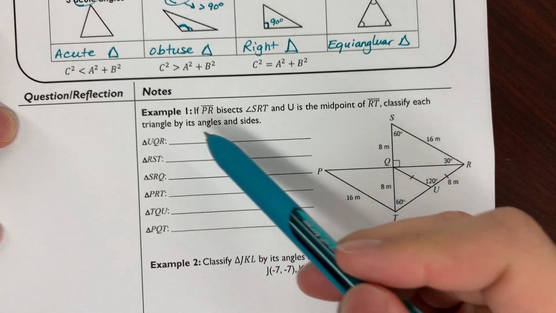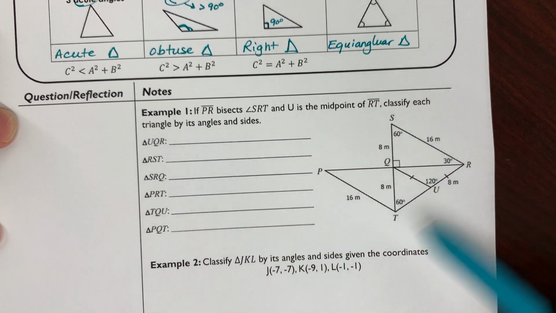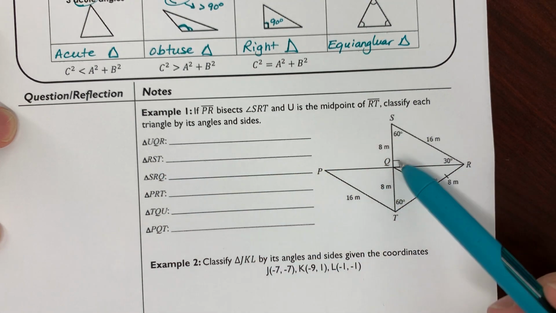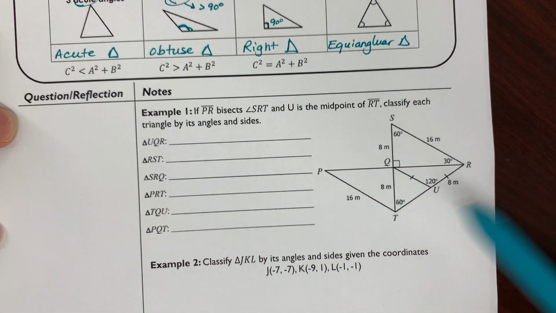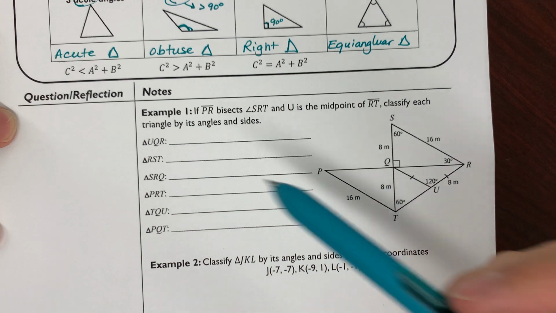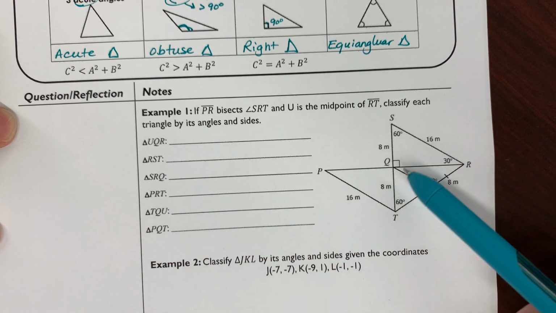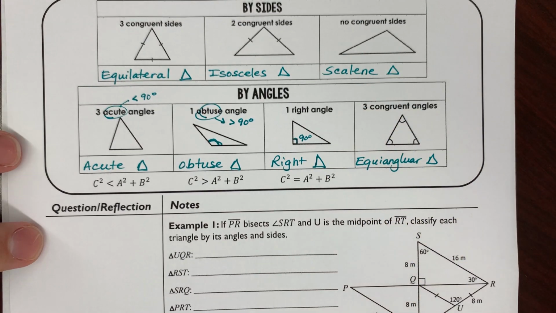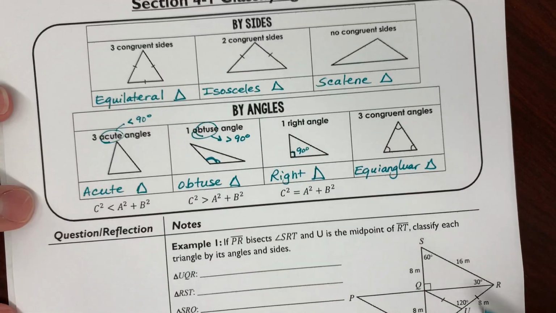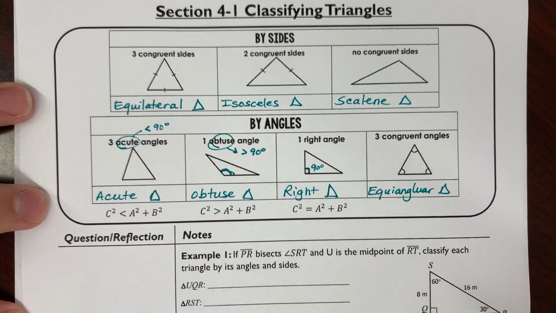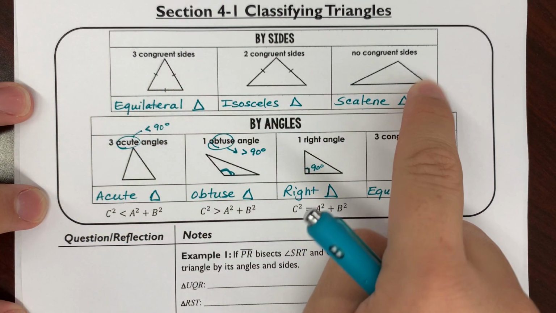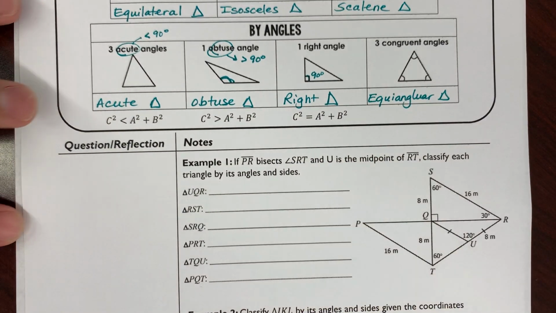They'll give you a statement, and they'll give you some very complicated figure, but from this figure you have a bunch of triangles within the whole figure. So we're going to look at the different triangles in here and see if we can identify them, and we're going to have to use our knowledge of angles and sides to say which one it is. So really, for this problem, we're going to identify each triangle two different ways: we're going to say what type of triangle it is by the sides and what type of triangle it is from the angles.